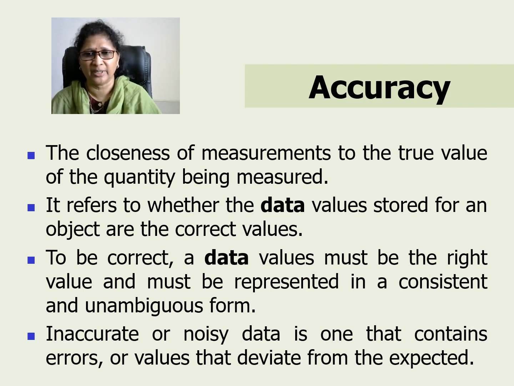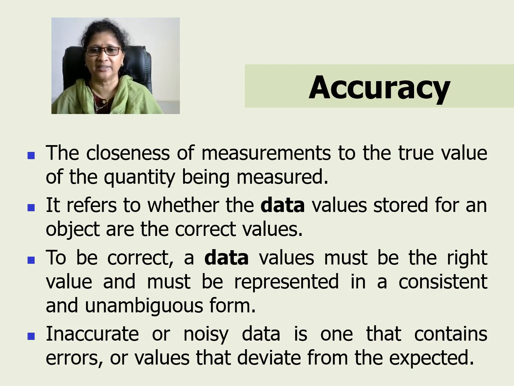Closeness of measurements to the true value of the quantity being measured is termed accuracy. Let's say we were expecting a temperature today of 30 degrees, and some instrument also measures it as 30 degrees, then we say that the results of this particular instrument used for temperature measurement are accurate.